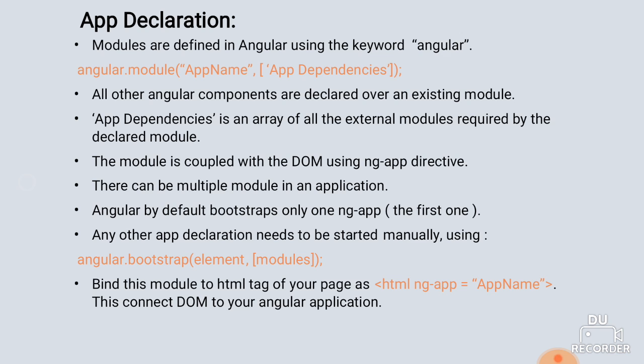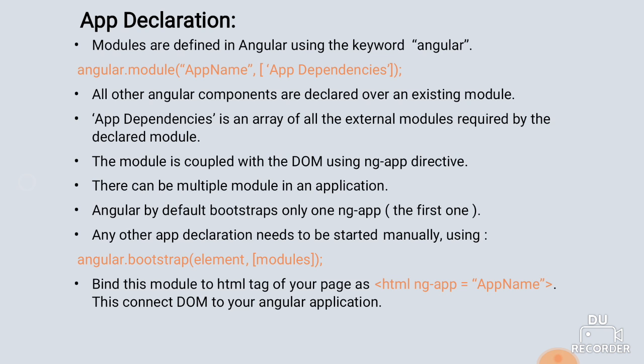In case you have a multiple module architecture, then the other modules you need to declare and bootstrap by yourself using the bootstrap command at the bottom of the screen. But be aware of it, the Angular team itself suggests to work with only one module at a time, not more than one. So we'll be restricting ourselves to just one module in this presentation.